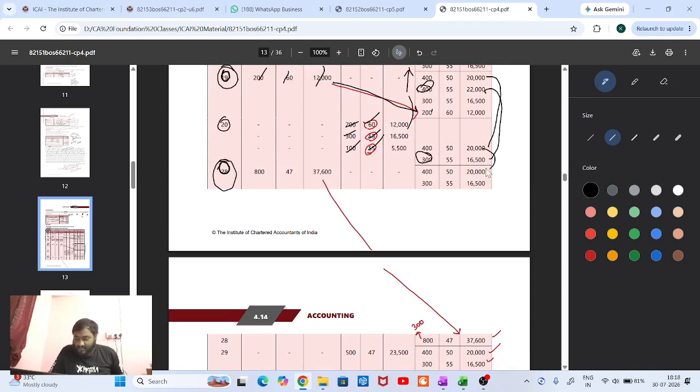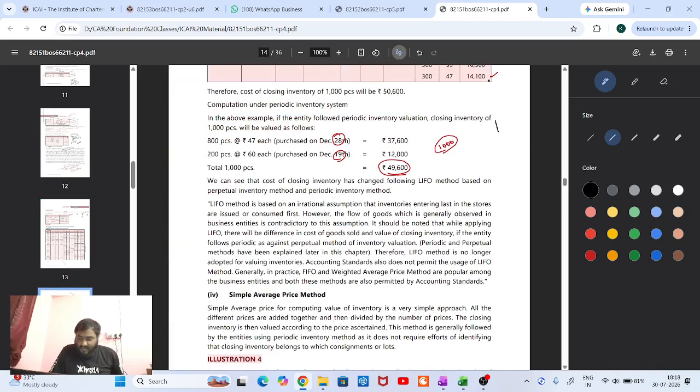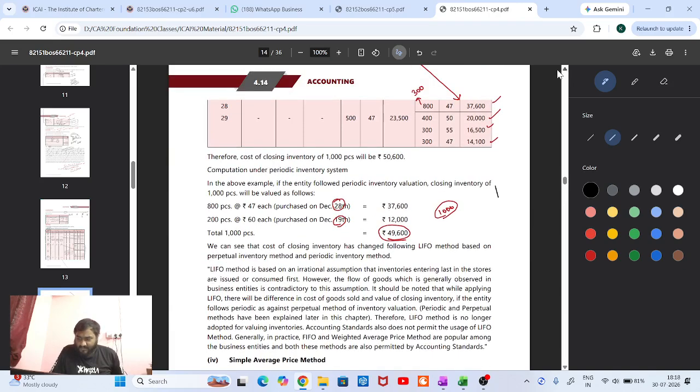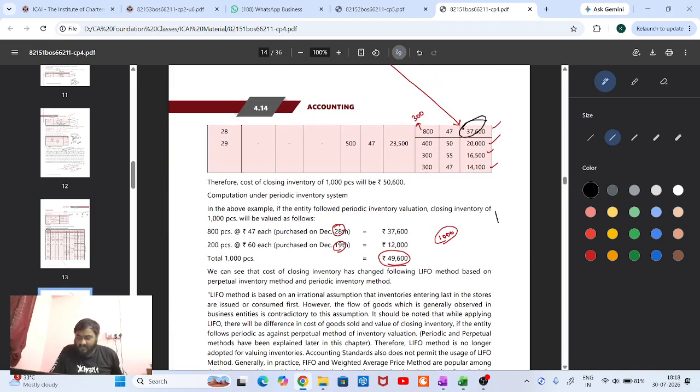Write this one here. Isn't it very simple? Isn't it like a game? And then issued 500. Out of 800, we have issued 500, and 300 will be remaining in our stock. 500 of 47 rupees, 23,500 will be the balance we have issued.